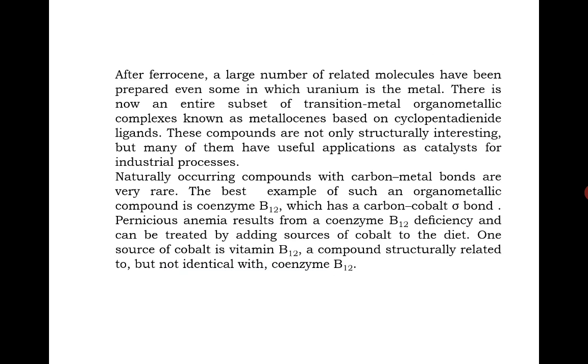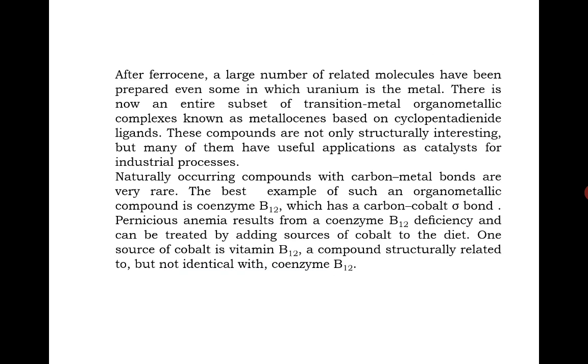After ferrocene, a large number of related molecules have been prepared, even some in which uranium is the metal. There is now an entire subset of transition metal organometallic complexes known as metallocenes, based on cyclopentadienide ligands. These compounds are not only structurally interesting, but many of them have useful applications as catalysts for industrial processes.